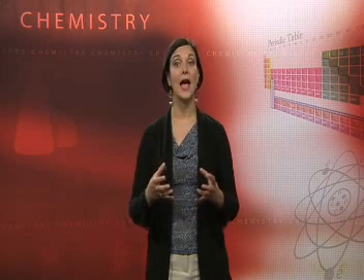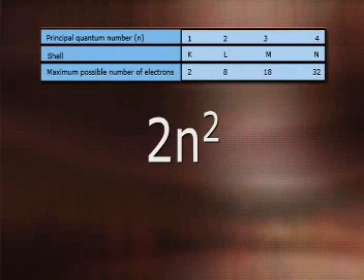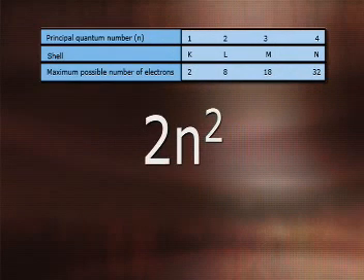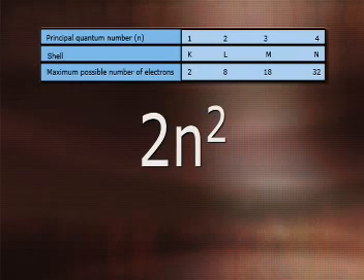Bohr also states that electrons orbit the nucleus depending on energy levels. The maximum number of electrons that the main energy level can accommodate is given by the formula 2n squared, where n is equal to the quantum number representing the main energy level. When n equals 1, the main shell is K shell.